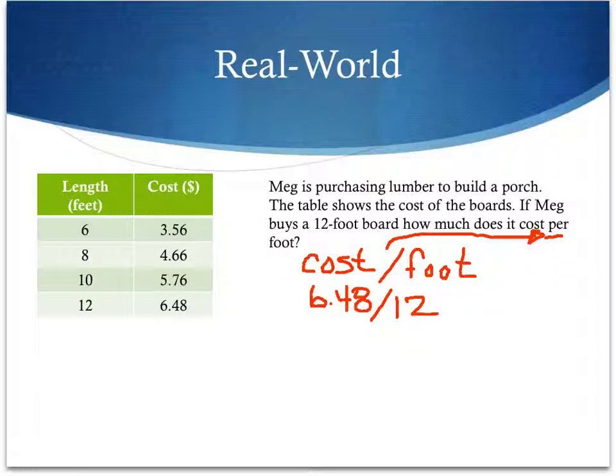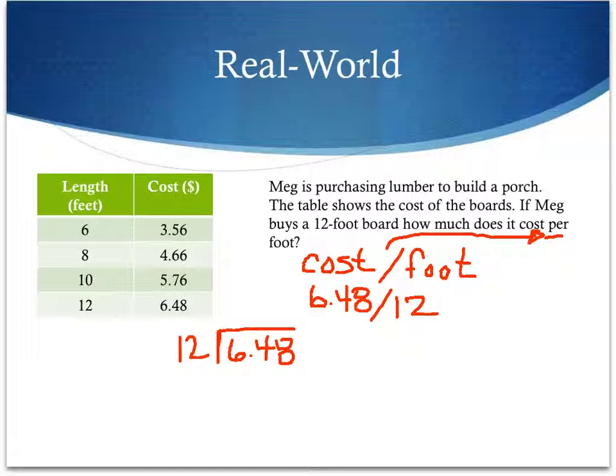So I can rewrite this using traditional steps. So I'm going to take $6.48 and I'm going to divide it by 12. Now here again we have a double-digit divisor in 12, but 12 is a nice number to work with because this is a basic fact number.